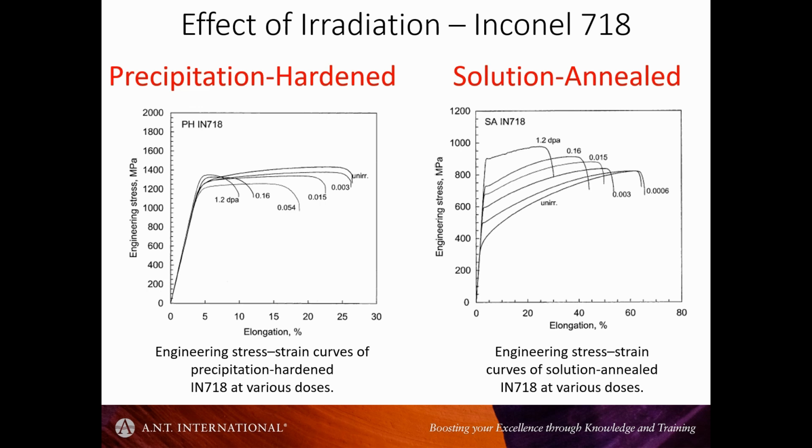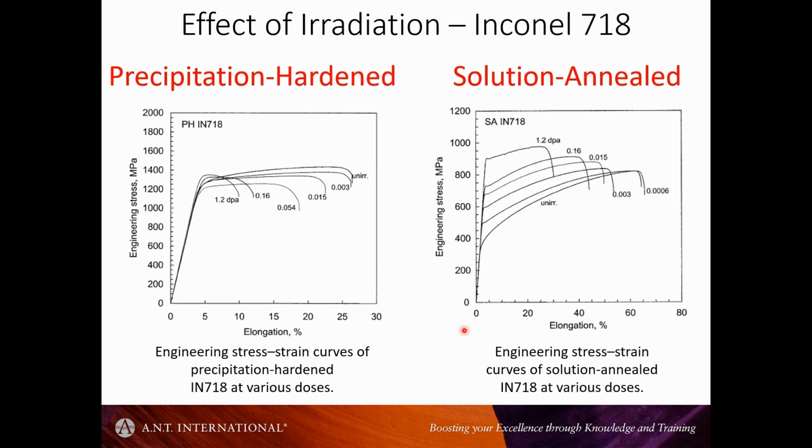Let's pick an alloy like Inconel 718. In a solution annealed condition, let's say it's been heat treated at 1,000 degrees centigrade, something like above that, to dissolve, and at that point any of the gamma prime would be completely in solution.